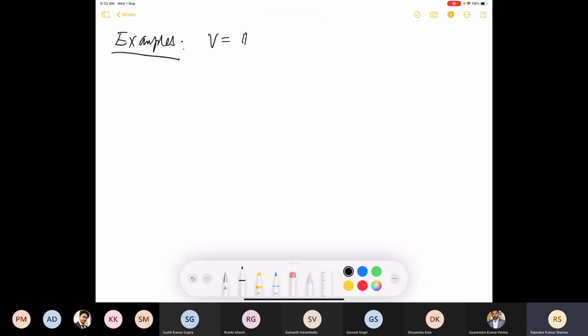One is V is R2 over R. We have already seen, and for x1, x2, each xi is in R. The inner product here, I'll define.